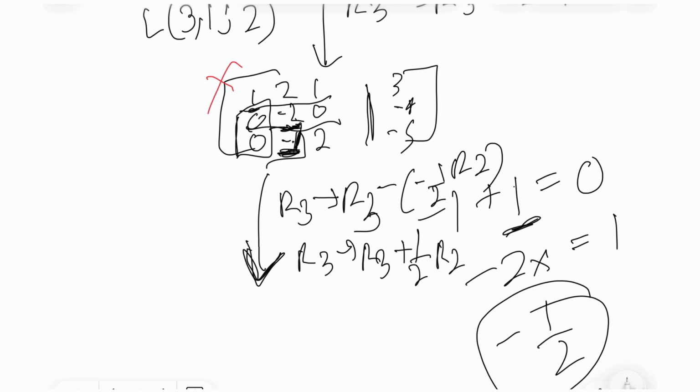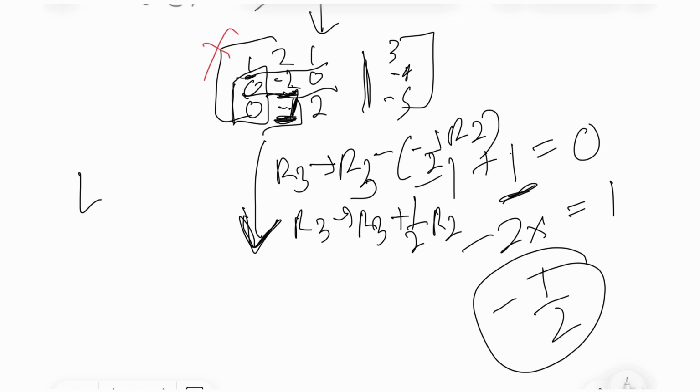Whatever notation we use should be consistent. It doesn't matter if it's minus or plus, right? For me, I'm taking L as minus, but before it was written as a plus. It's up to you. If your convention is to write it as a plus, then your coefficient should be plus 1 by 2, or minus 1 by 2. You can change that accordingly. But again, L because we're going downwards.